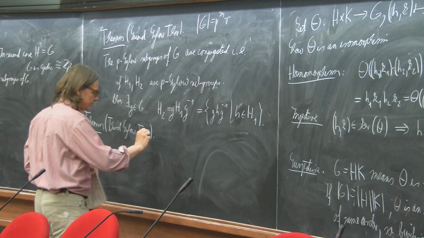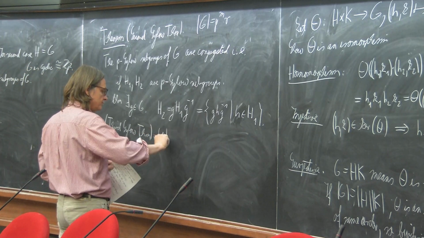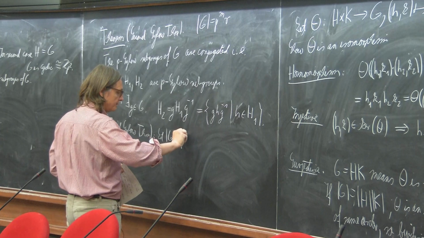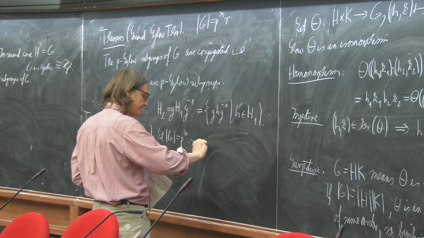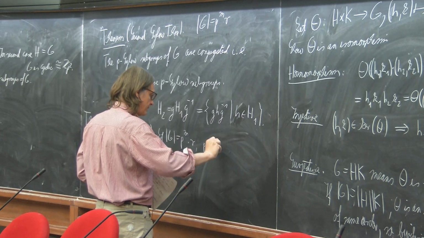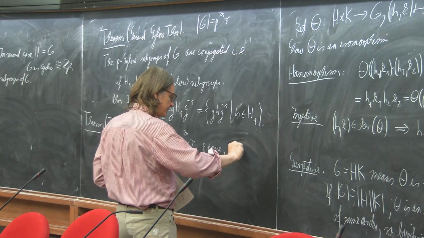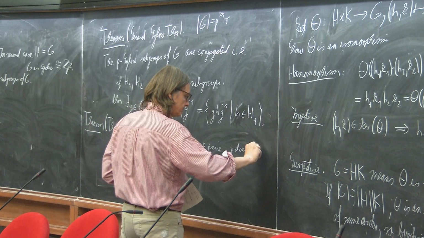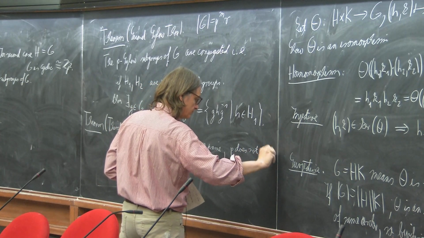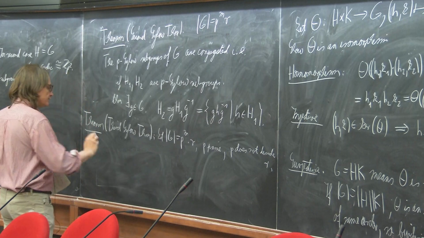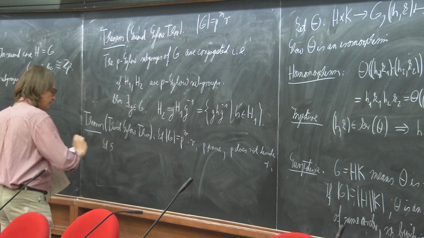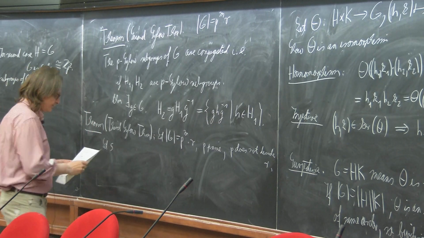So let the order of G be p to the m r with p prime, and p does not divide r, because here the numbers play a role. So let s be the number of p-Sylow subgroups of G.